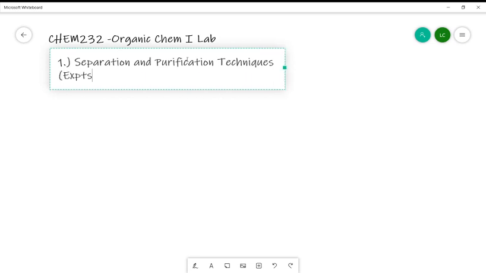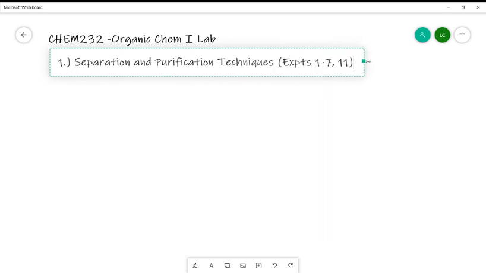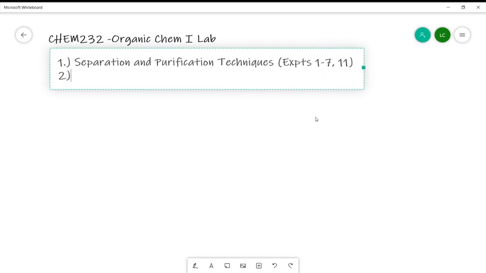So essentially this is experiments 1 through 7, and probably experiment 11, since you analyze your reflux mixture from experiment 10. The second half of the lab deals more with reactions. So essentially these are the experiments that I did not list, experiments 8 through 10.